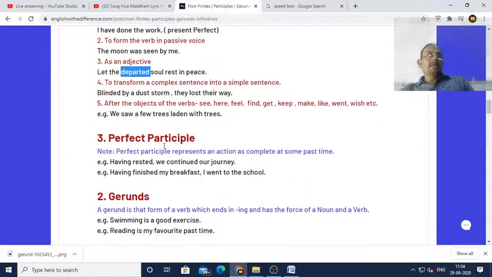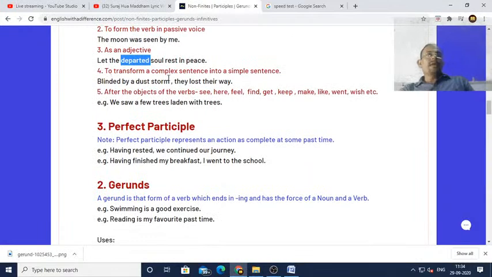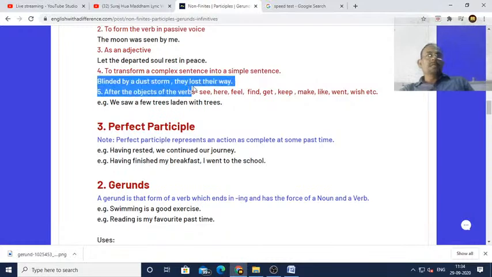Next, to transform a complex sentence into a simple sentence. For example, "Blinded by a dust storm, they lost their way." Here you can see we use this to transform a complex sentence into a simple sentence.